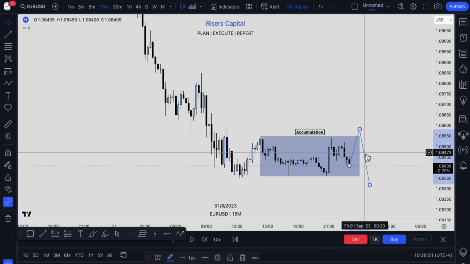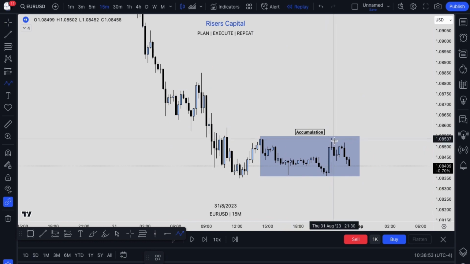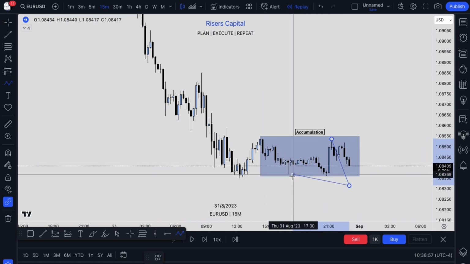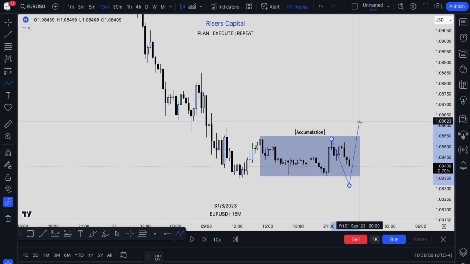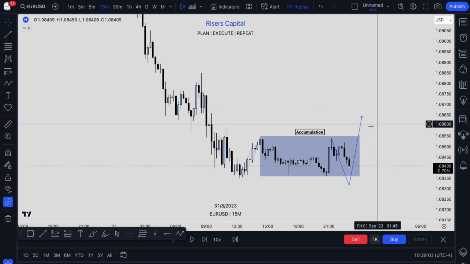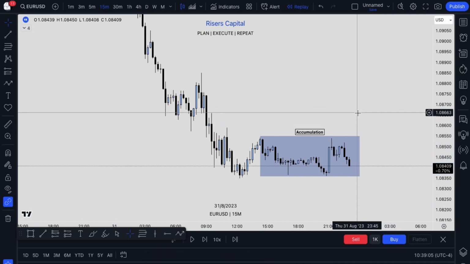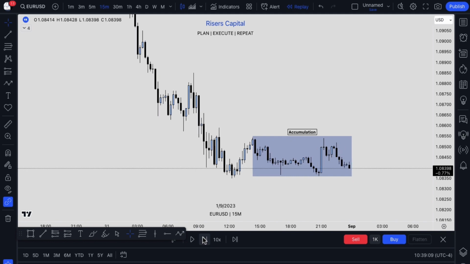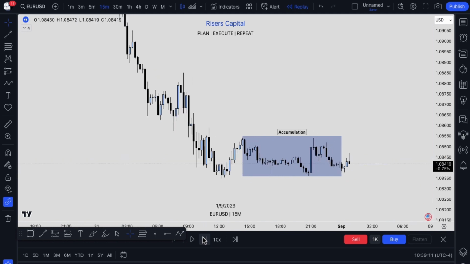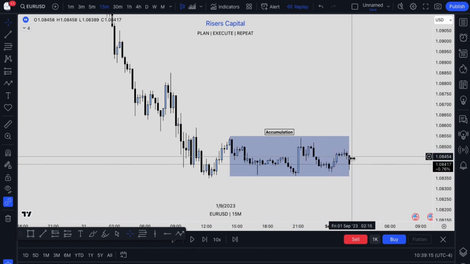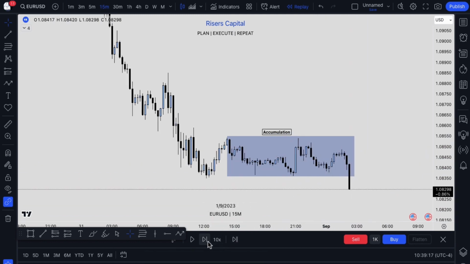So it could actually do something like this: take the lows of this consolidation, take sell side liquidity, and then go up and take this buy side liquidity. Now we're just going to wait and see what happens. So of course we're still in this accumulation, it's just still consolidating, and then boom, what happens?